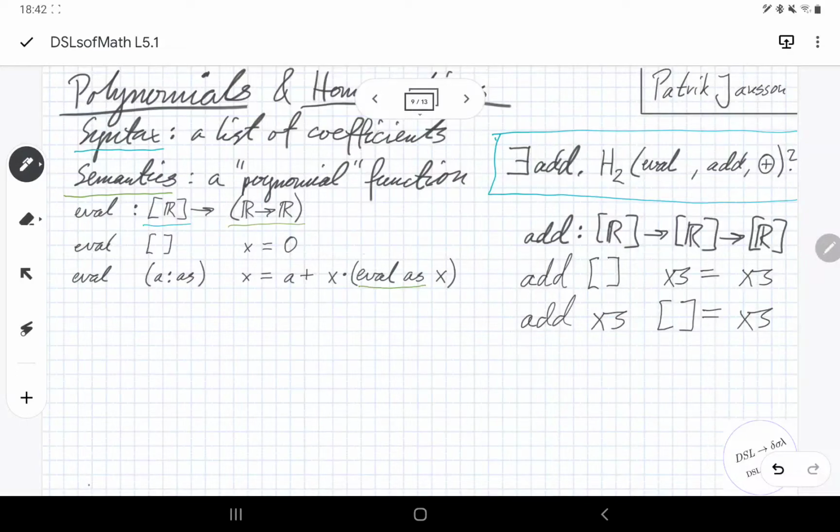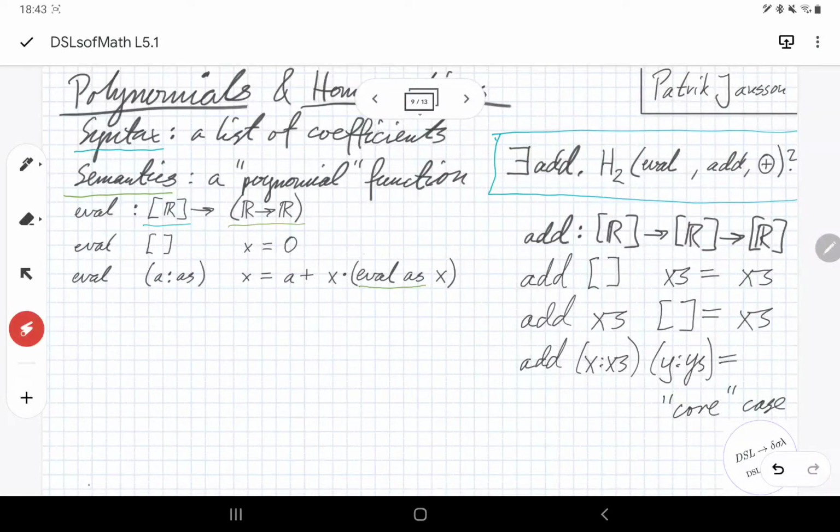So now, after covering these two cases, we know for the last case that both lists are non-empty. Here we could show that pattern matching wise by saying add of x cons xs and y cons ys equals. Here we have a little more information, and we will get back to the exact definition later. Here I'll just call this the core case. That's the core of the definition.